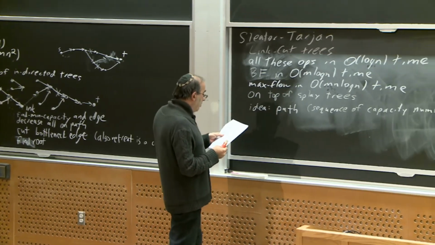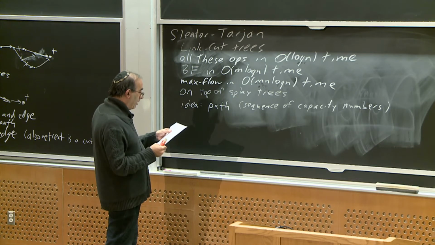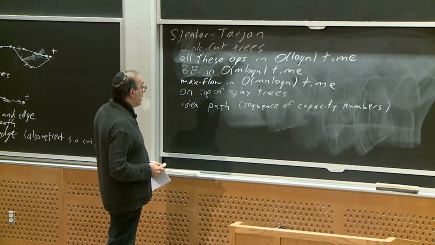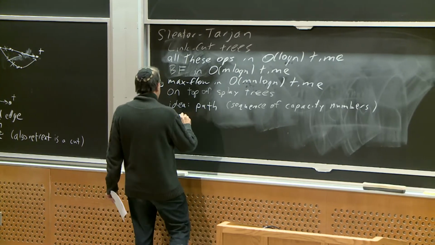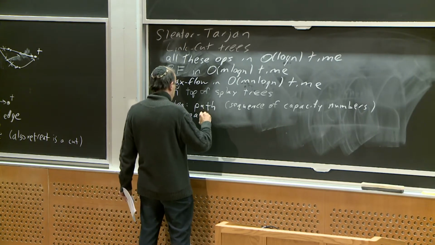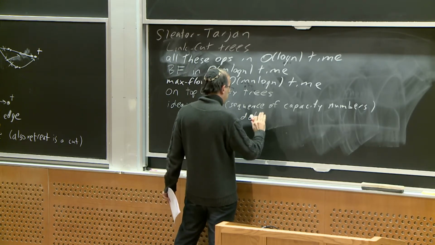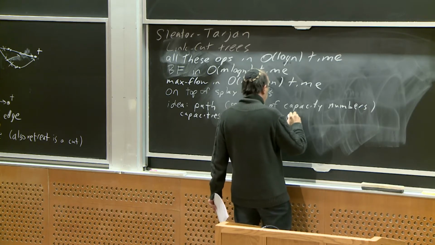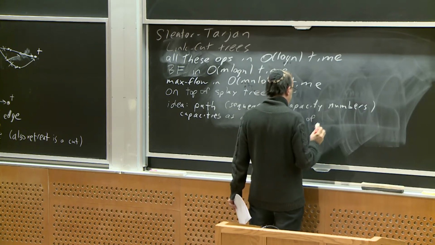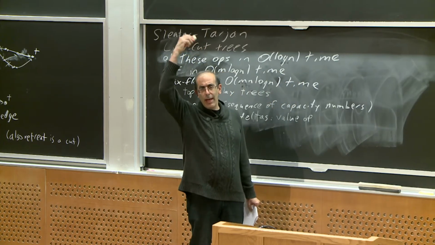And essentially what you do is you represent the capacities as deltas. Okay, so you make sure that the value of I'm not going to store edges internally.